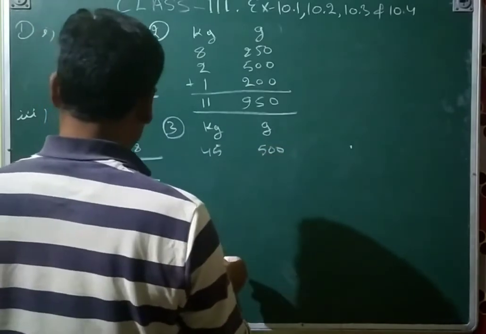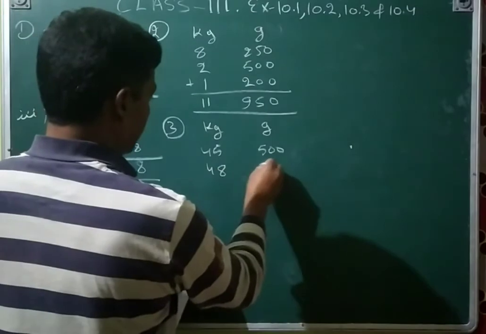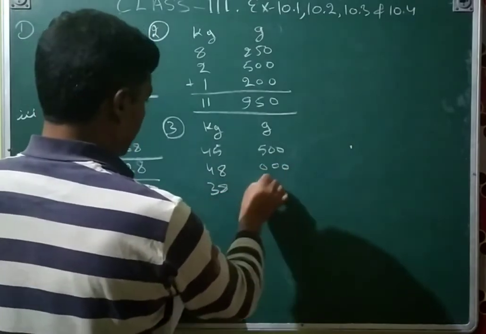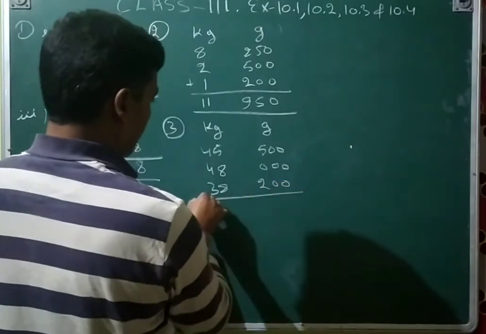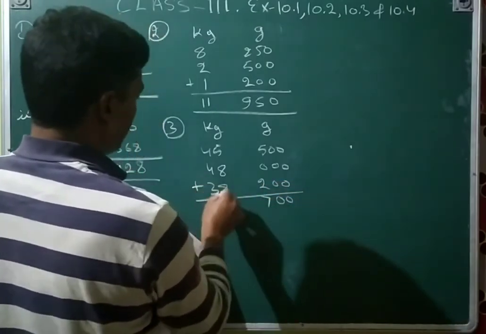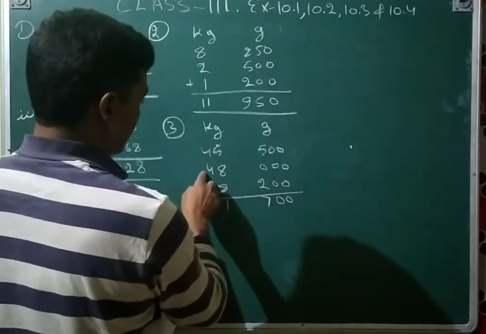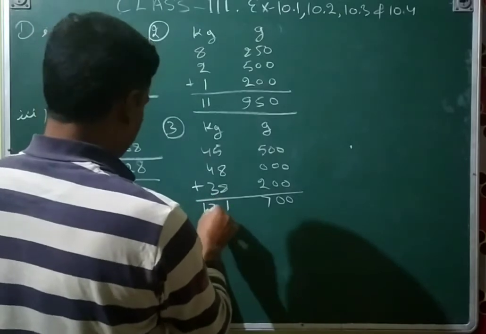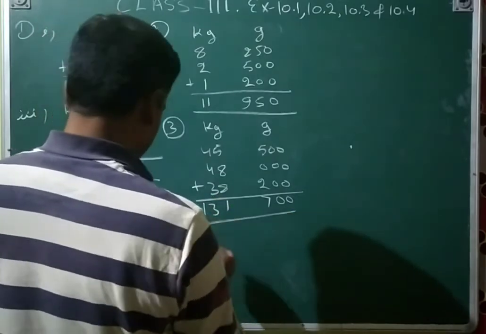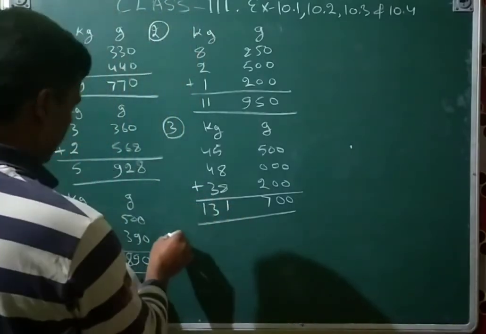The second boy's weight is 48 kg and 0 gram. The third boy's weight is 38 kg and 200 gram. By addition, 8 is 16, 5 is 21, 4 plus 8 is 12, plus 3, 131 kg 700 gram.